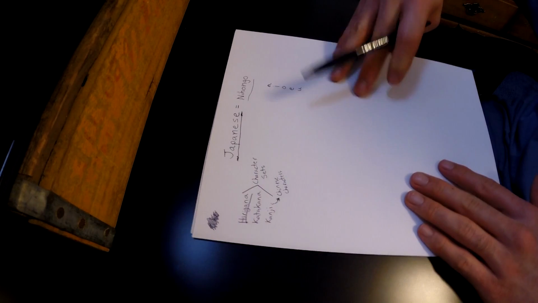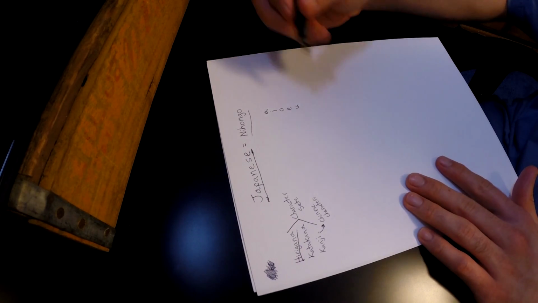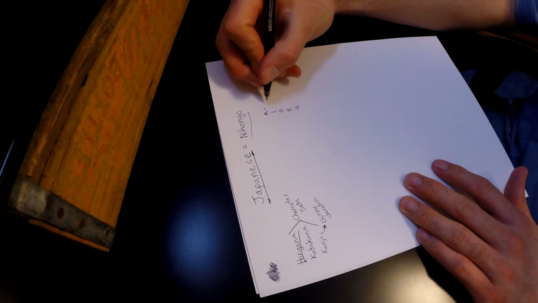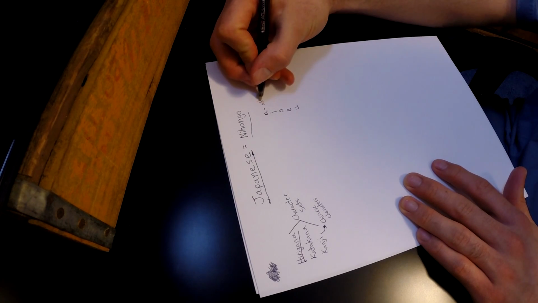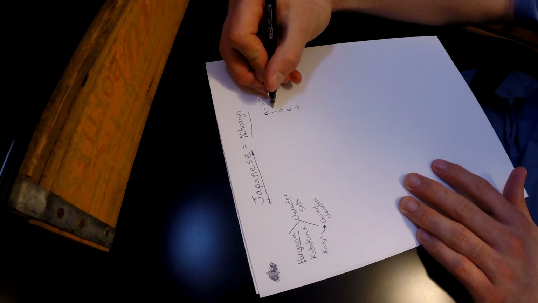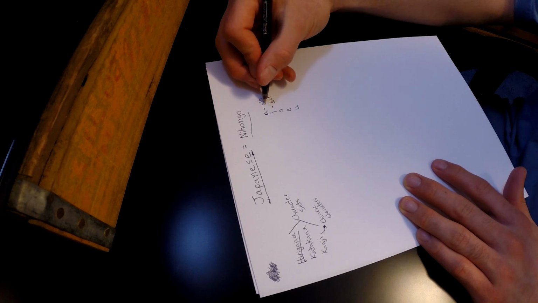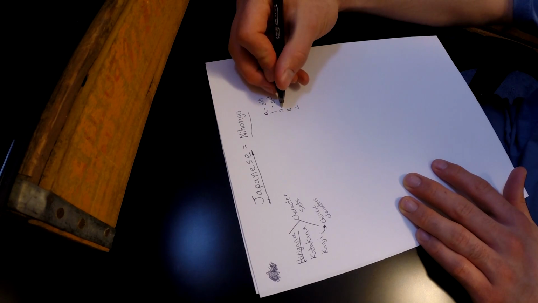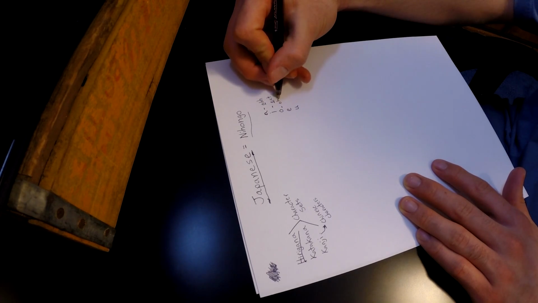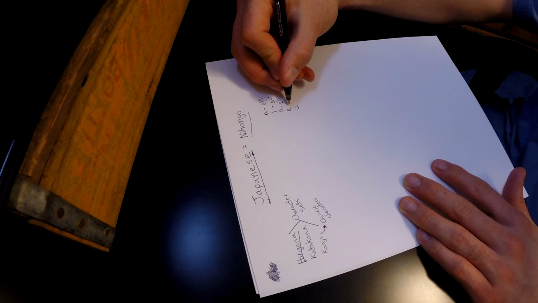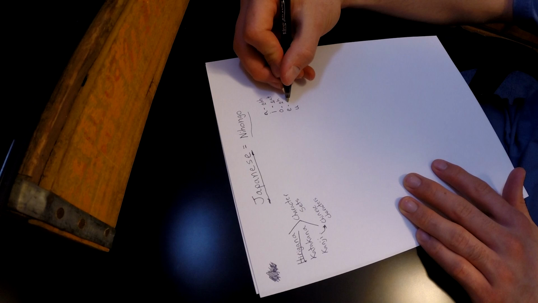So, for further reference, A is like ah. I is like eat, with the E stressed. O as in just O, very simply. E as in eat. Oops, wait, that's wrong.